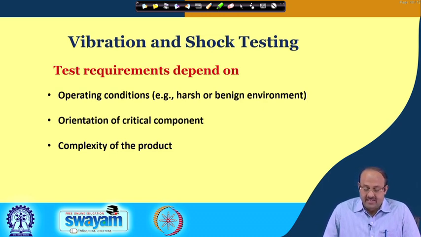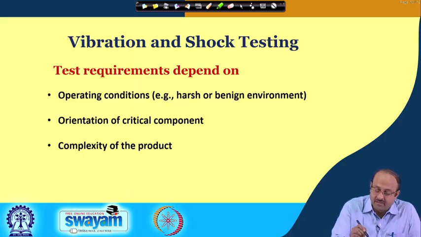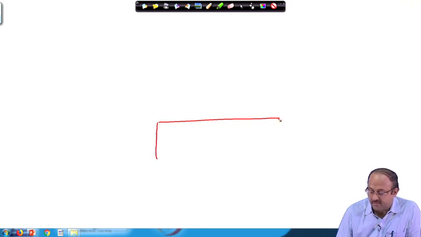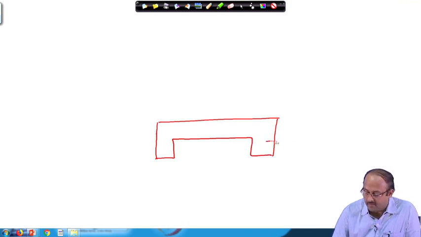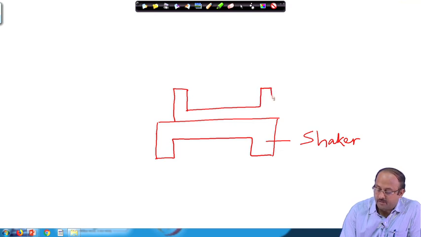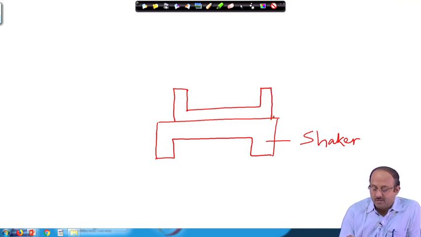Then the orientation of the critical component. Normally, an electronic component is placed on a holder which is mounted on the shaker, and on this holder the electronic components are placed during testing.